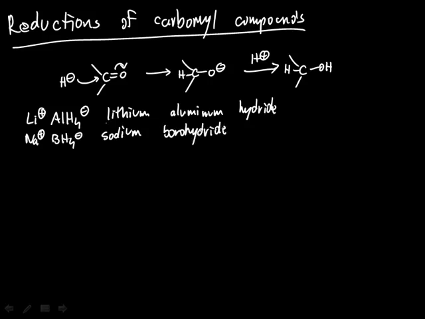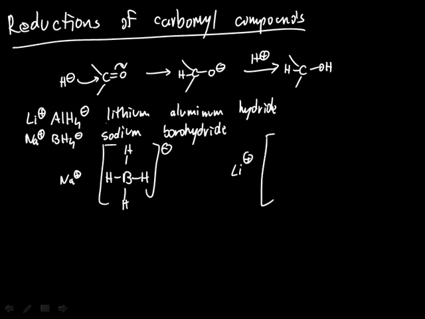These compounds are known as complex hydrides because they're not sources of H- anion per se, but instead have these complex anions such as borohydride anion and aluminum hydride anion.